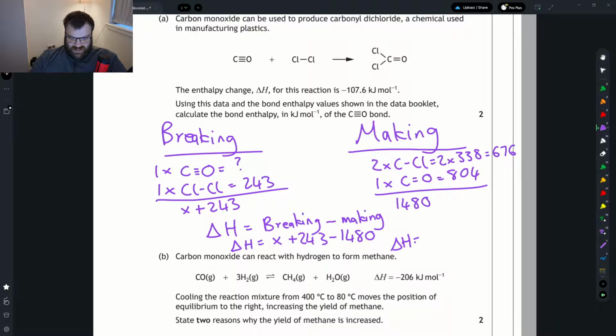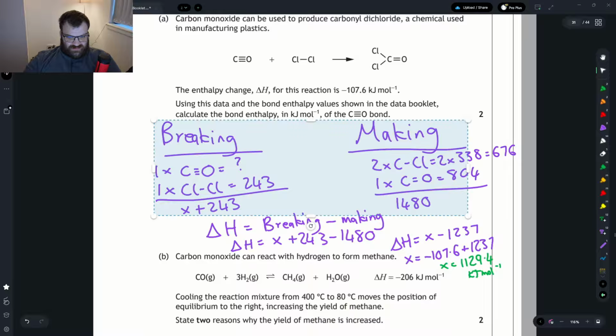So delta H would equal our answer minus 1237. It's going to be our enthalpy change. Add on 1237, and that means that the enthalpy will be 9.4 kilojoules per mole.